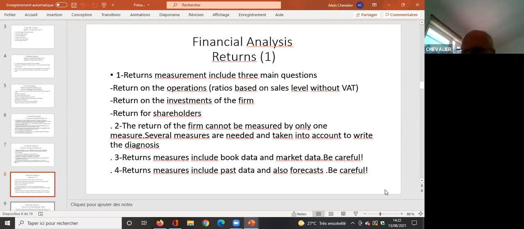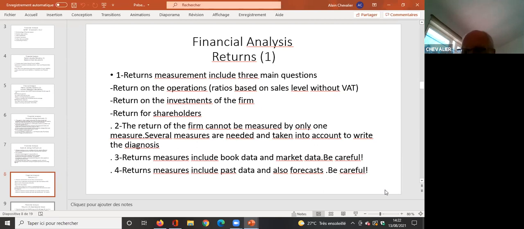But when you have a 10% inflation a year, and you integrate in a calculation on investment in a ratio, data coming from 2016 and data from 2020, it is clearly the same number doesn't have the same value.